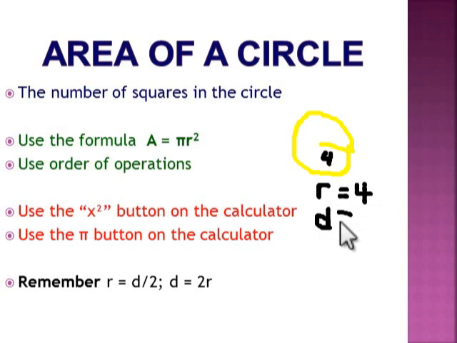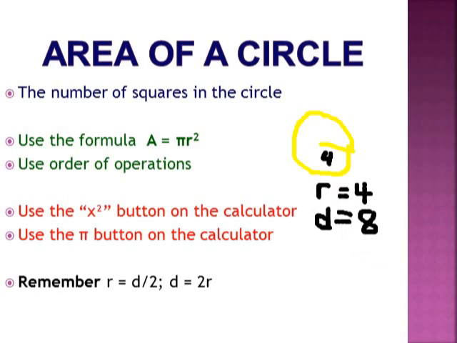Because once you've taken care of that, that's a big part of what everybody gets wrong. Because again, they just look at that number that's there and they kind of quickly go about their business and they don't pay attention. So I don't want that to happen to you. I think this is a really good suggestion, is to write down your radius and diameter before you start getting the circumference and the area of those circles.